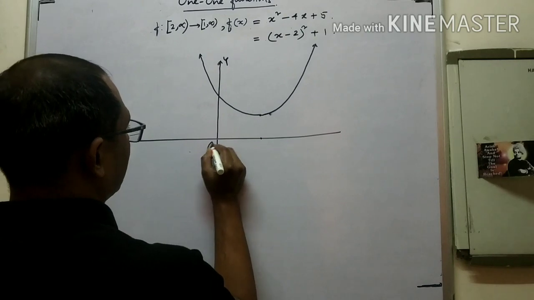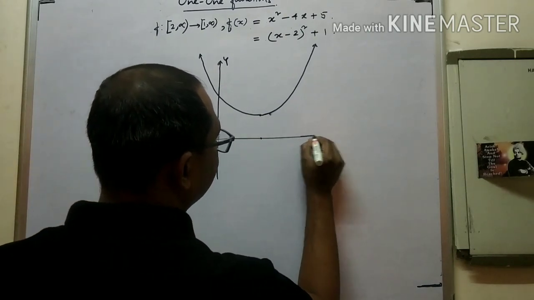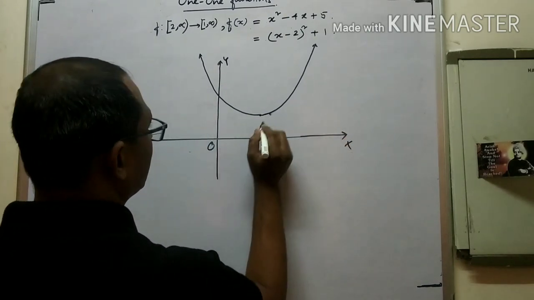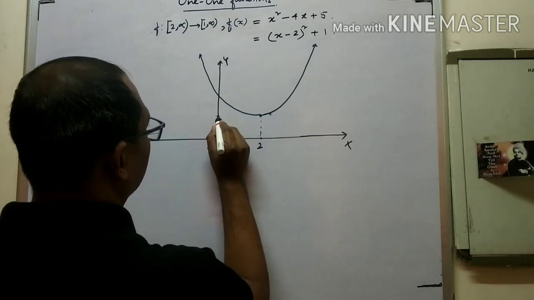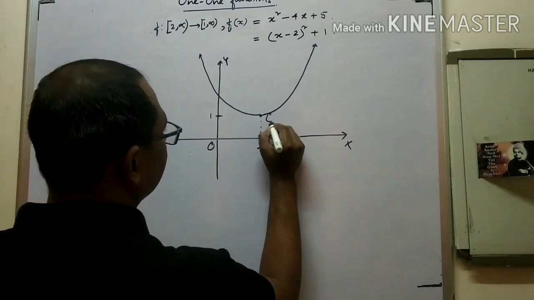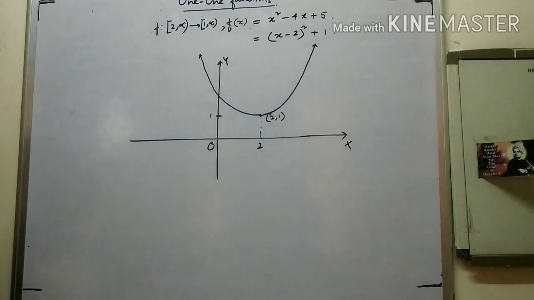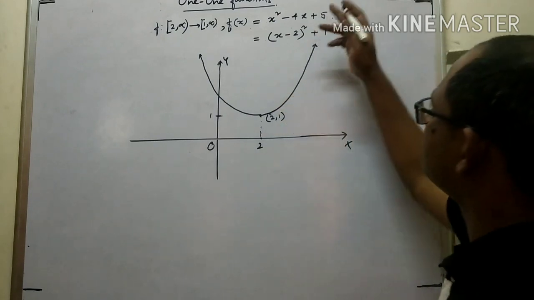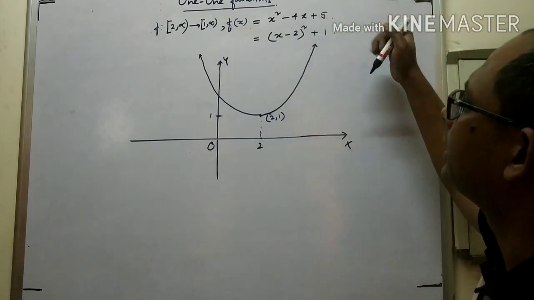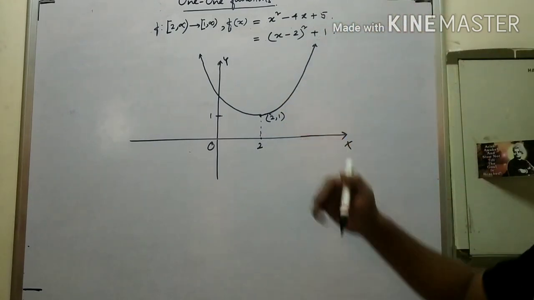We can also find the vertex by using minus b by 2a, minus d by 4a. We get the same thing.